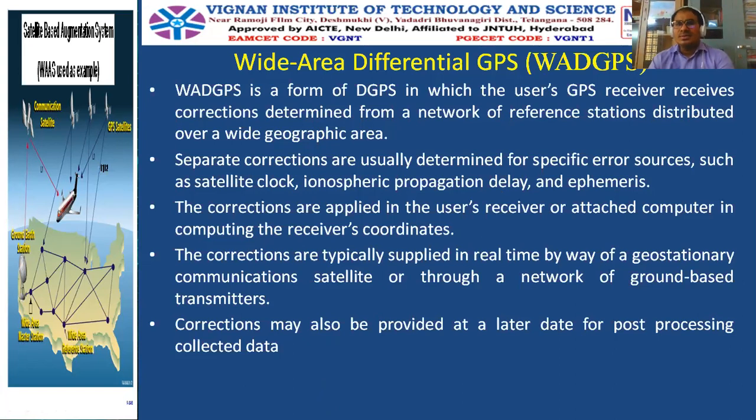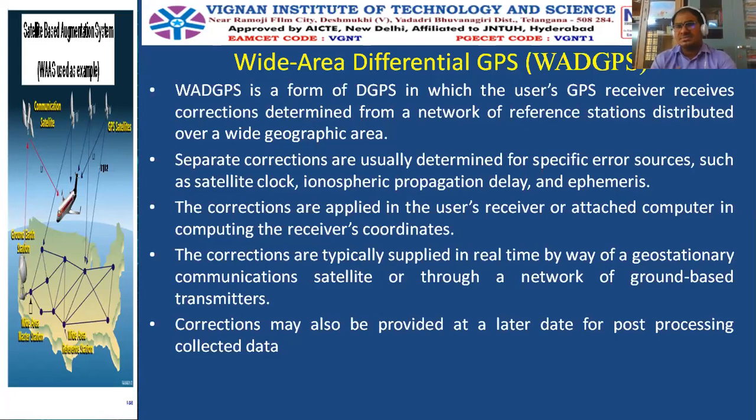Okay. Now, here we are knowing the importance of the geostationary satellite. Now these corrections are done, but our user is at a height, at an altitude, that is an aeroplane. Mostly this is applied in aeroplanes. And how is this sent? Here we take advantage of the geostationary communication satellite. These corrections are supplied in real time by way of a geostationary communication satellite or through a network of ground-based transmitters.